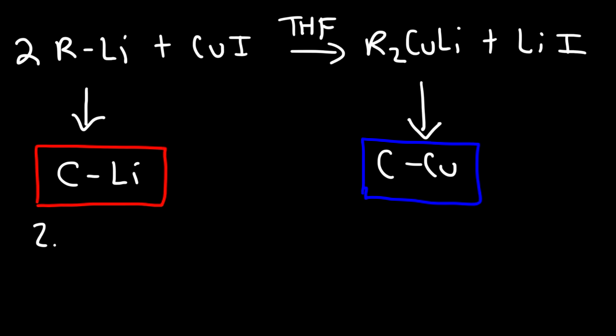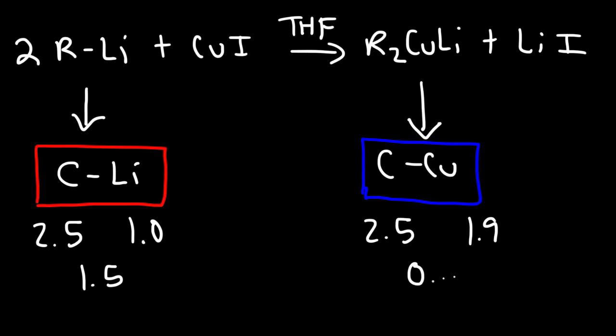So carbon has an electronegativity value of 2.5, and lithium is 1.0, but copper is about 1.9. So for this example, the electronegativity difference is 1.5, and here on the right it's 0.6. So the carbon-lithium bond is more polar than the carbon-copper bond, which is less polar.